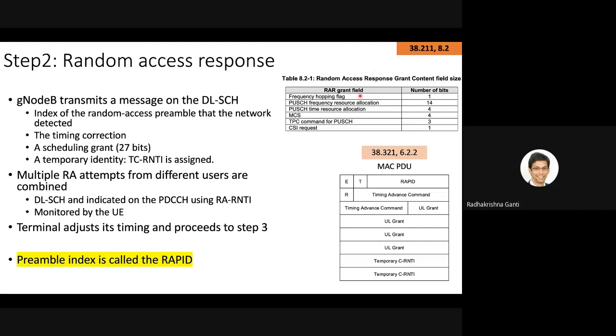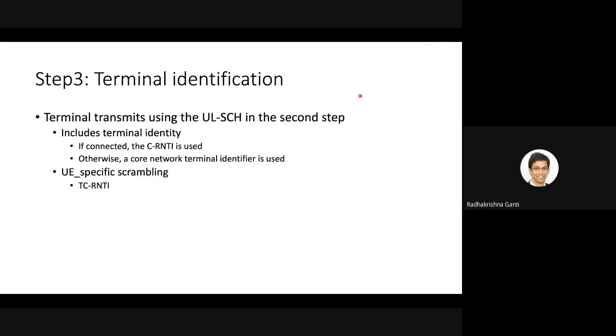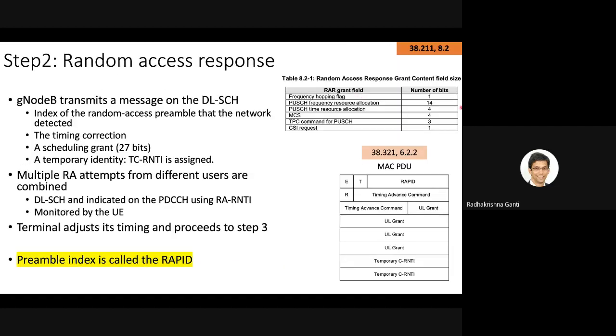So now each UE knows what preamble it has transmitted, and what cyclic shift it has transmitted. Let's assume that, based on luck, all the UEs have chosen different preambles and different cyclic shifts. When the base station sends the message back, it is also putting the preamble index that it has found.